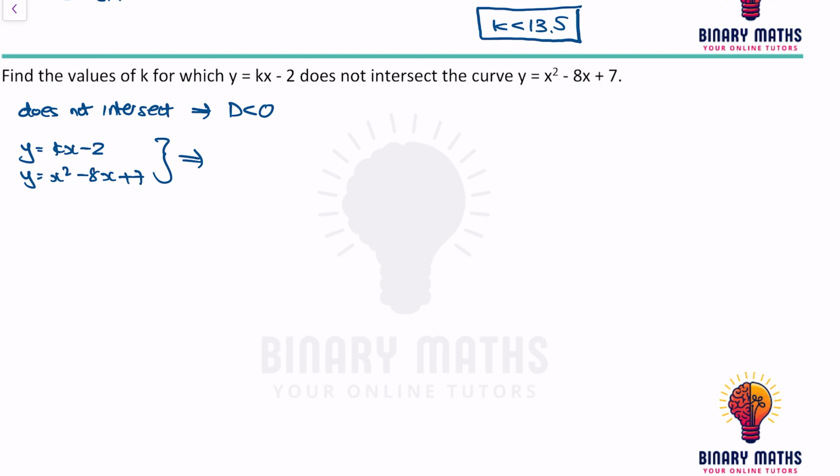Because they have y the subject of the formula, I can equate the two right hand sides. So I've got kx minus 2 is equal to x squared take away 8x plus 7.